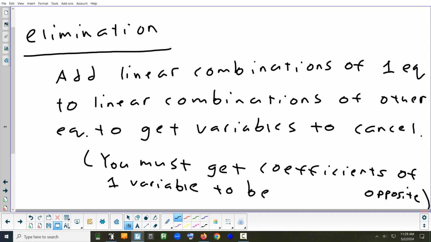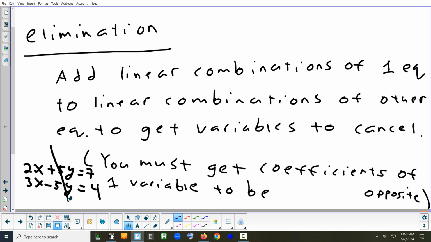So for example, if you had 2x plus 5y equals 7, and 3x minus 5y equals 4, that's a perfect problem for elimination. Because the 5 and the y with the top, and the negative 5 with the y in the bottom are opposites. So when you add the columns up, the y's would cancel out.